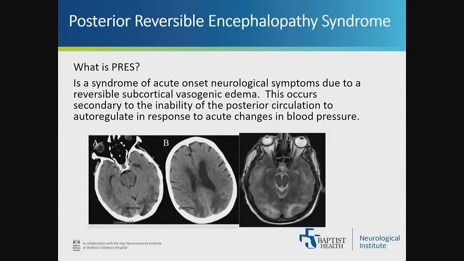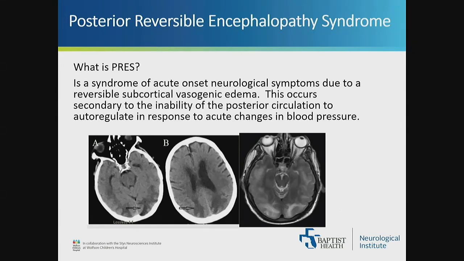Our next topic is posterior reversible encephalopathy syndrome, or PRES. It's a syndrome of acute onset neurological symptoms due to reversible subcortical vasogenic edema. This occurs secondary to the inability of the posterior circulation to autoregulate in response to acute changes in your blood pressure.